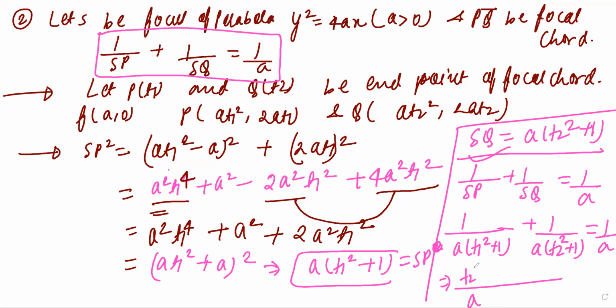Here it is (t2 square plus 1) plus (t1 square plus 1), and the denominator will be (t1 square plus 1) into (t2 square plus 1), equal to 1 upon a. So a and a will get cancelled. Add these two and these two: t1 square plus t2 square plus 2 is equal to (t1 square plus 1) into (t2 square plus 1).